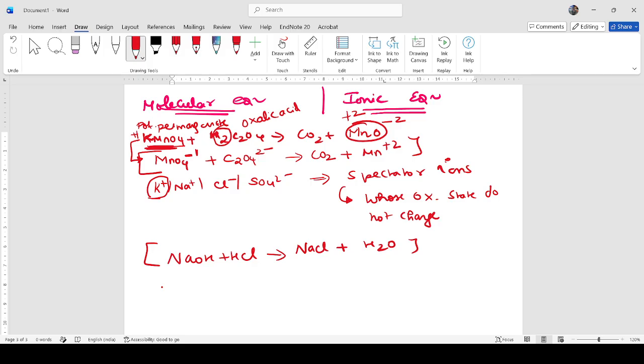Ma'am, no, it is a disproportionation reaction. Here, a displacement reaction takes place. Is it a disproportionation reaction or a displacement reaction? Displacement reaction. So it is not a redox reaction. No, ma'am.